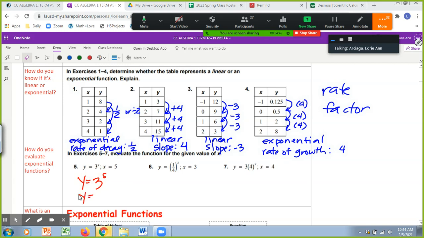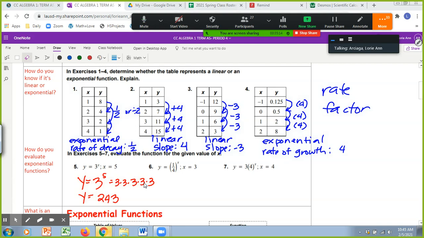What's the final answer for that one? 3 to the 5th power. You can use your calculator or you can do it in your head. Juliet said 243. Because this means you're going to multiply 3 by 3 is 9, times 3 is 27, times 3 is 81, times 3 is 243.